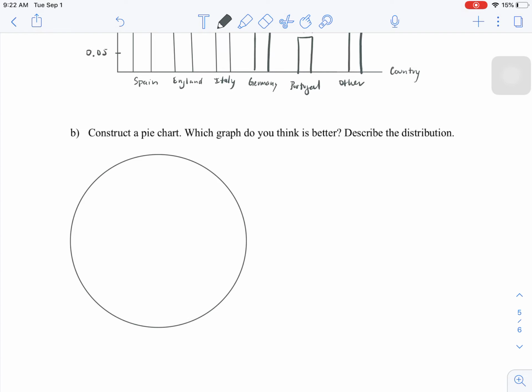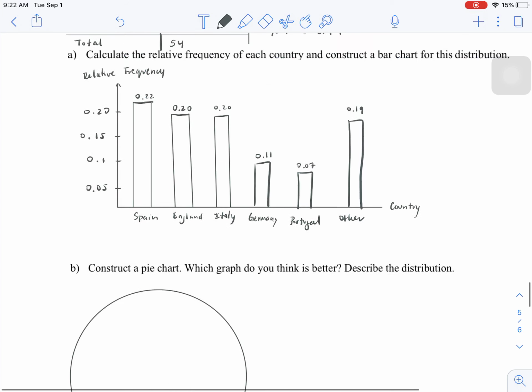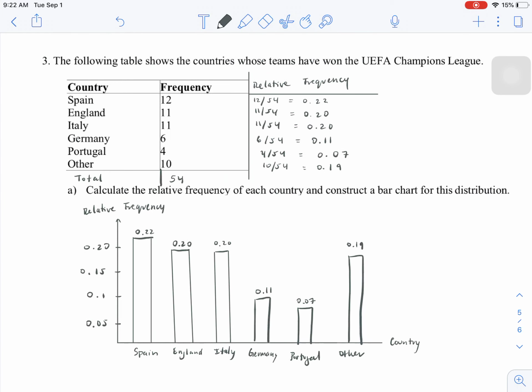Now, the size of each section or sector of my pie chart corresponds to these relative frequencies. These relative frequencies all add up to 1 or to 100%. So Spain should take up 22% of my pie. England should take up 20% of my pie, and so on.